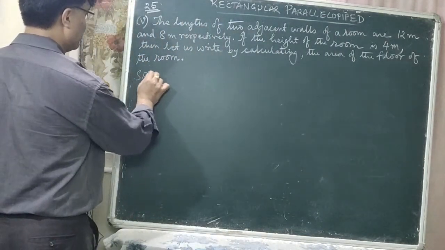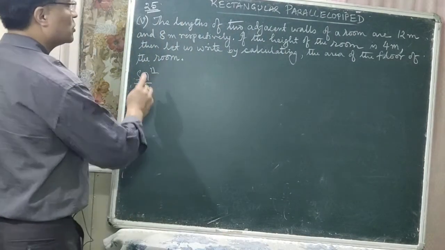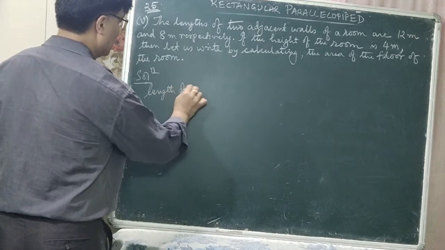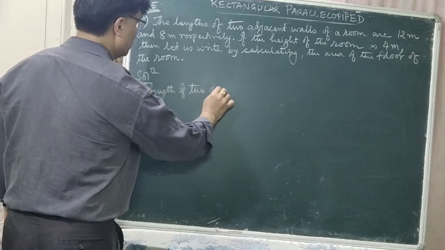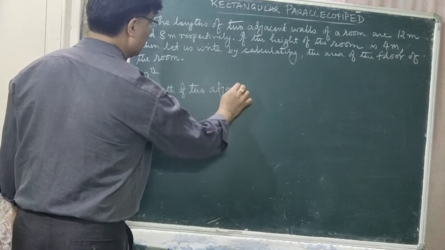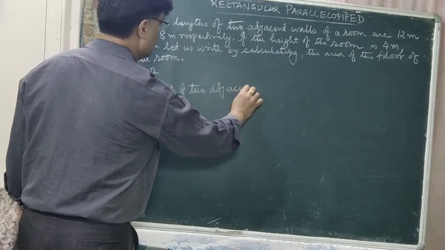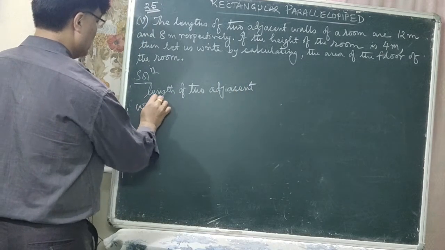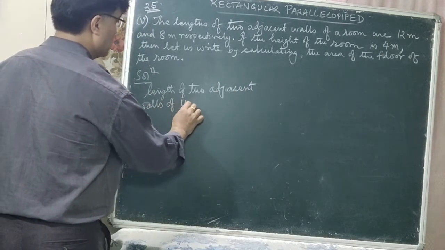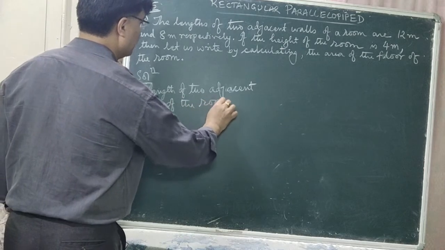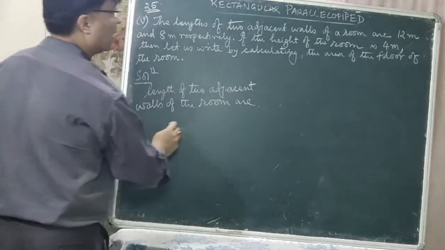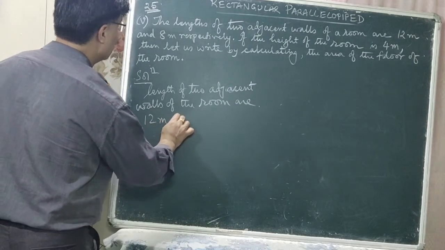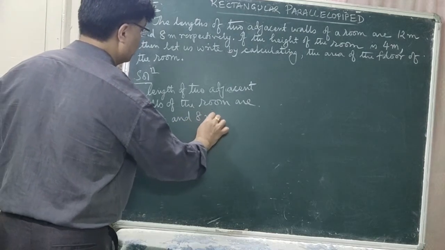Solution. The length of the two adjacent walls of the room are 12 meter and 8 meter.